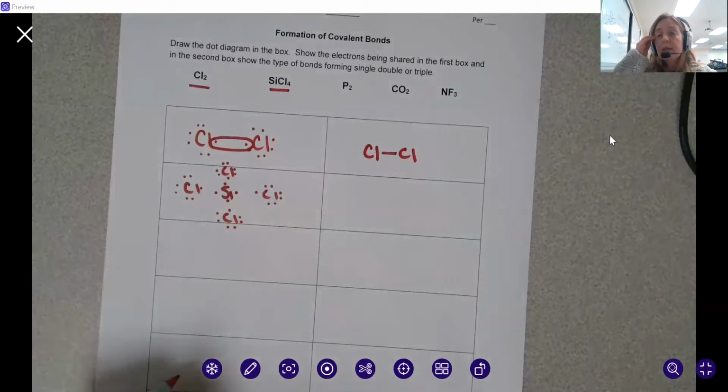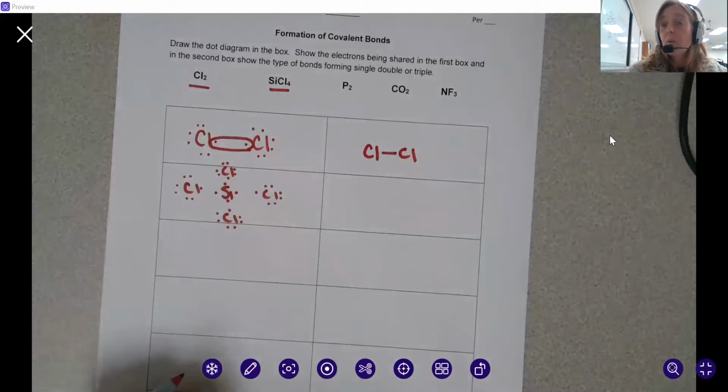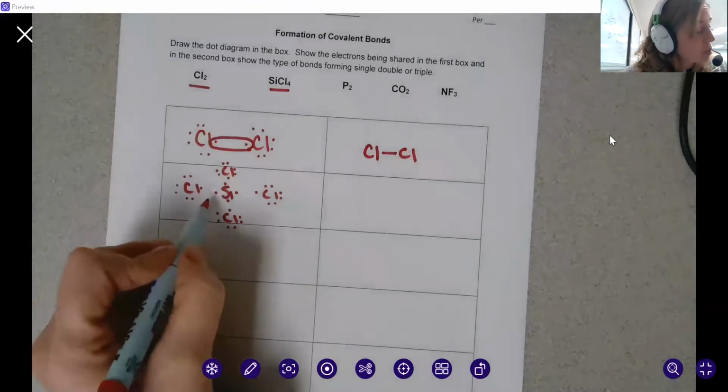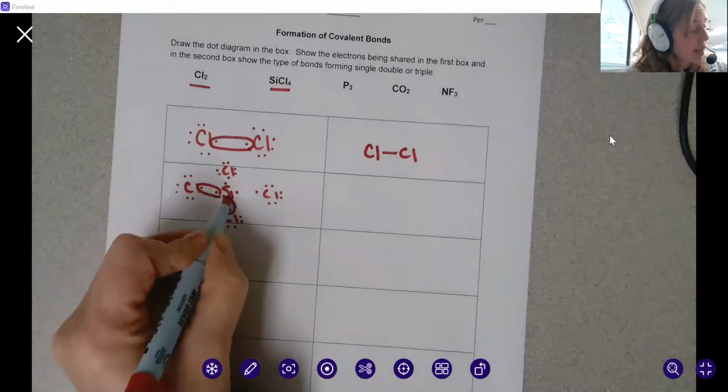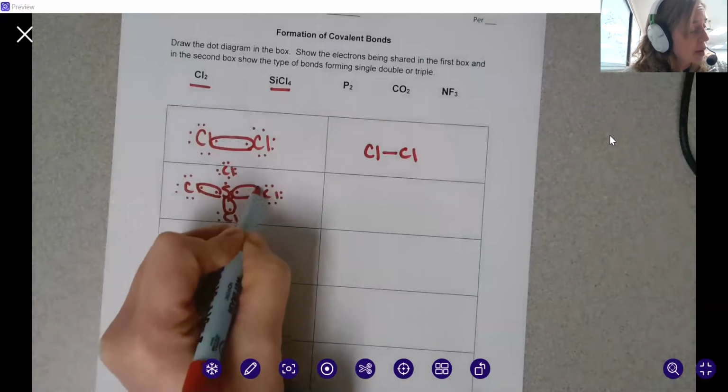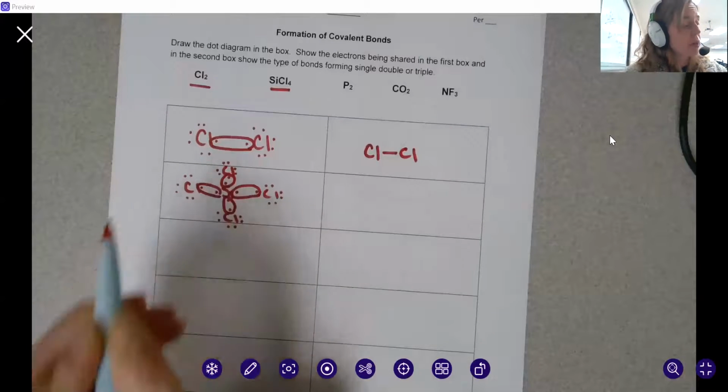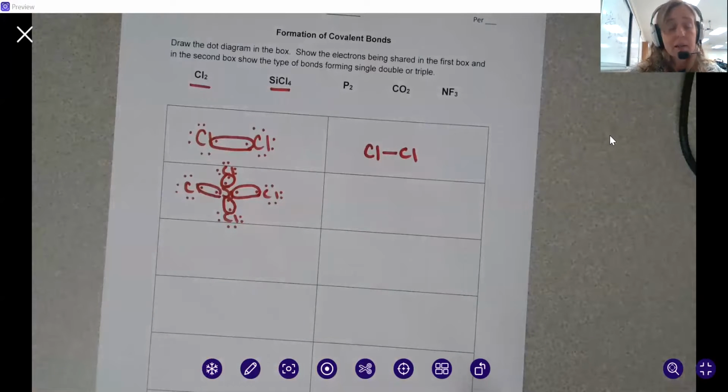Because silicon has 4, it can share a maximum of 4 electrons, giving it a total of 8. But each chlorine individually has 7, so each chlorine can only share 1 electron. So the silicon's going to share with that one, share with that one, share with that one, and share with that one. So now everybody has 8 electrons.